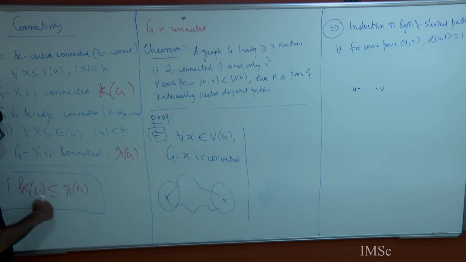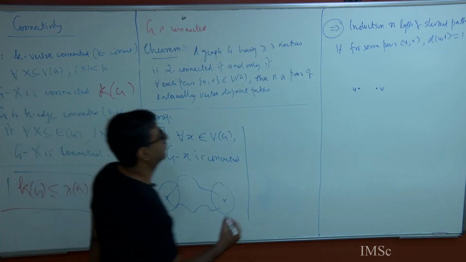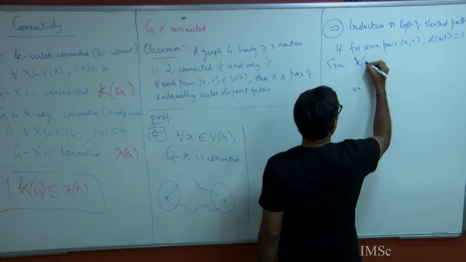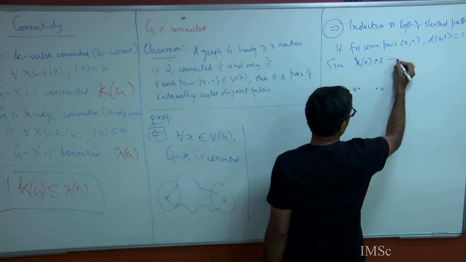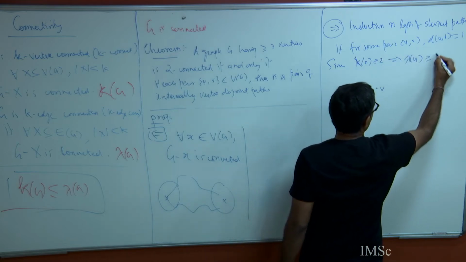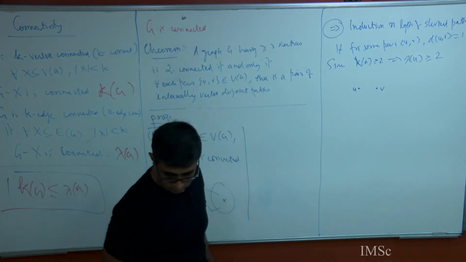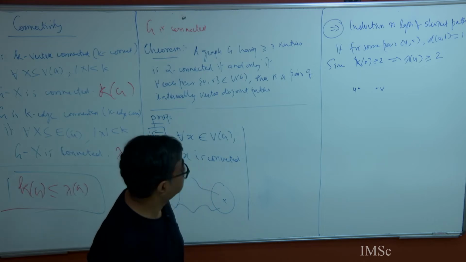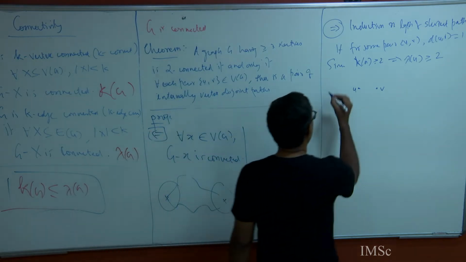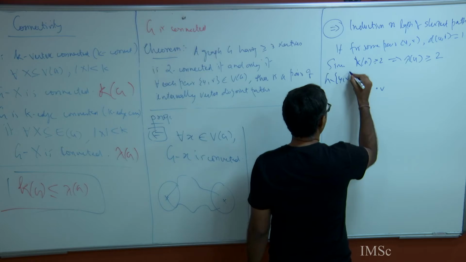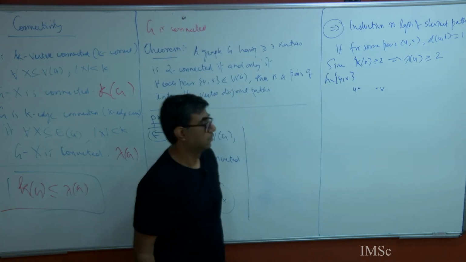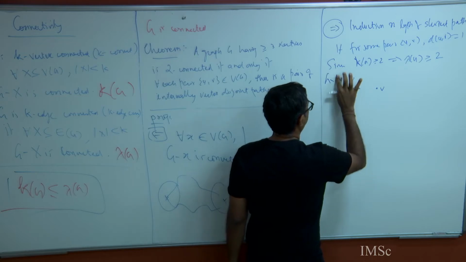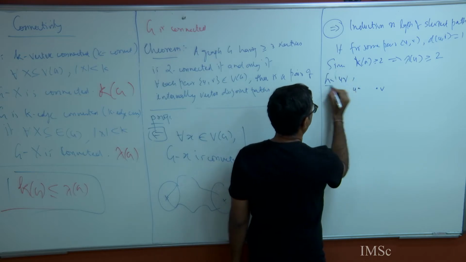This is exactly why I wrote this. Since kappa(G) is greater than or equal to 2 implies lambda(G) is at least 2. Now, look at G minus uv.